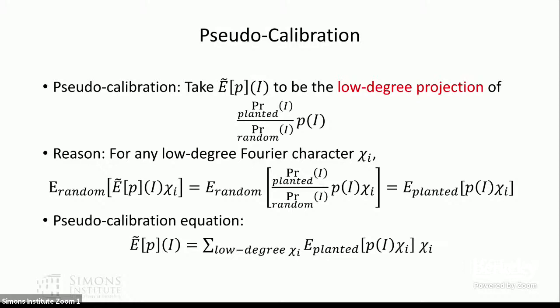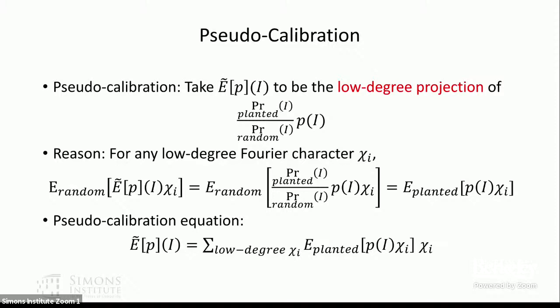The pseudo expectation value of p is the sum over low degree chi_I of the expected value over the planted distribution of p times chi_I, times chi_I. So once we have the random and planted distributions, it's a mechanical process.